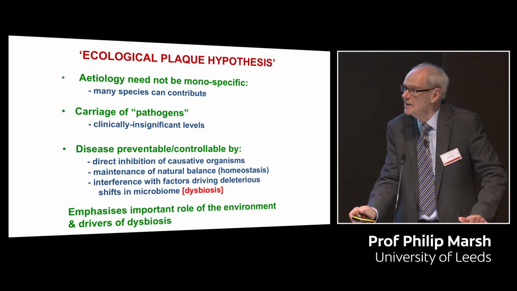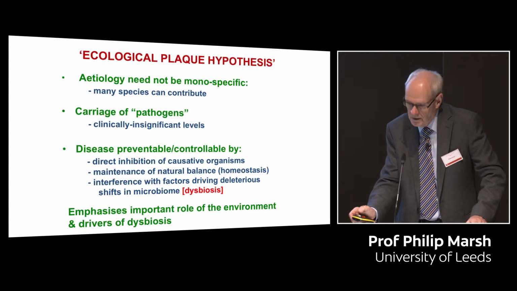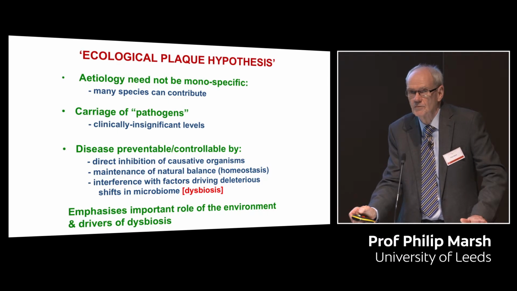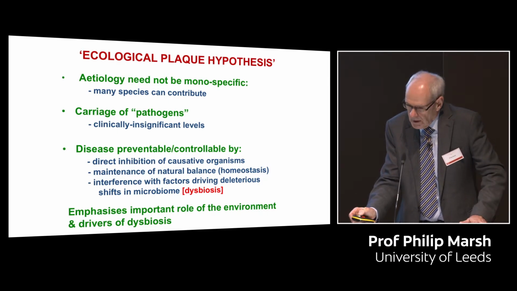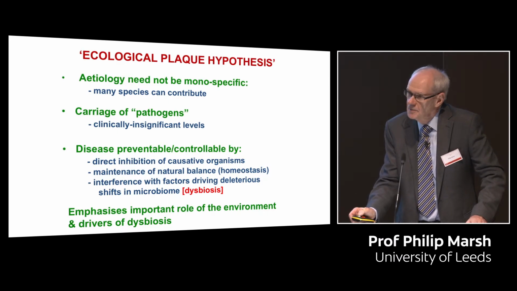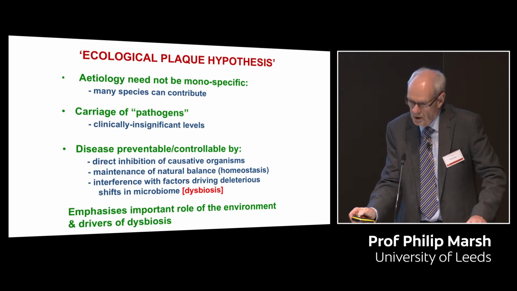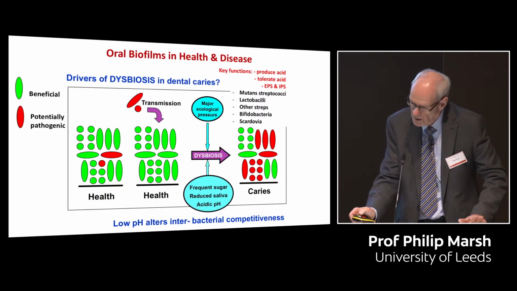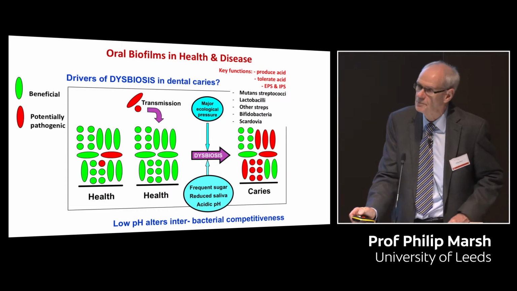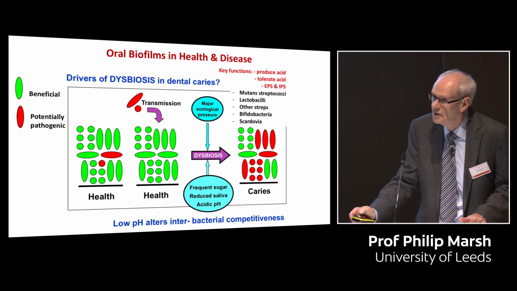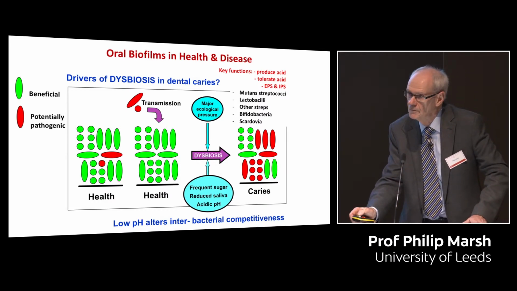And the most likely factors are the frequent intake of fermentable sugars in the diet, or a reduced flow of saliva, and the generation of acidic pH in the biofilm for prolonged periods. Because the low pH alters the bacterial competitiveness of the organisms in the biofilm, favoring those we associate with caries.